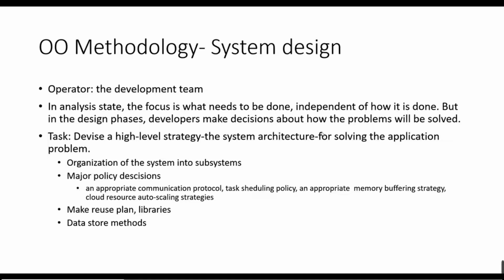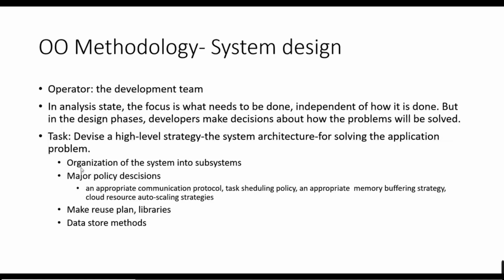It means how to implement the functions of the system, or how to design the system. And in this stage, the main task is to devise a high-level strategy, which means the system architecture for solving the application problem.